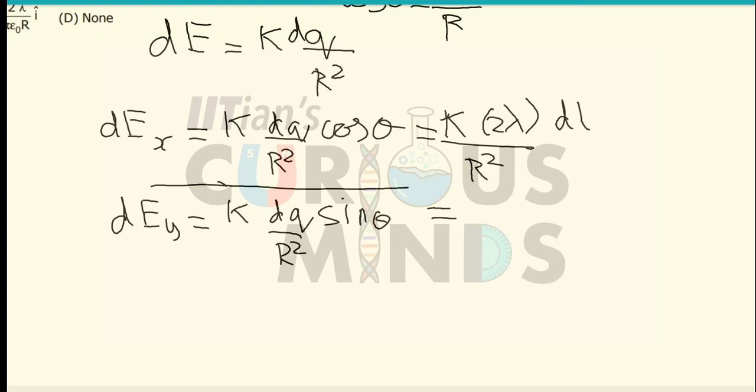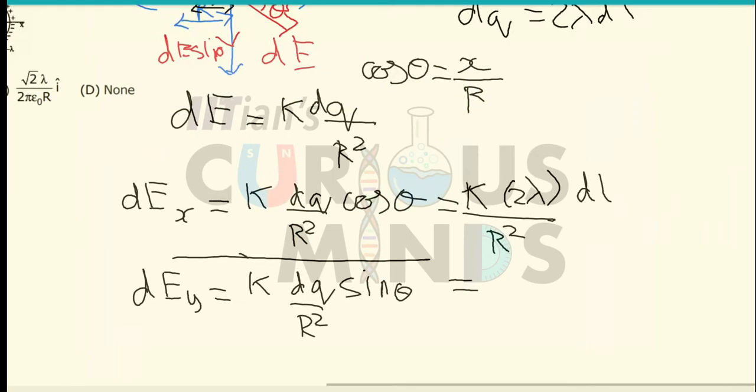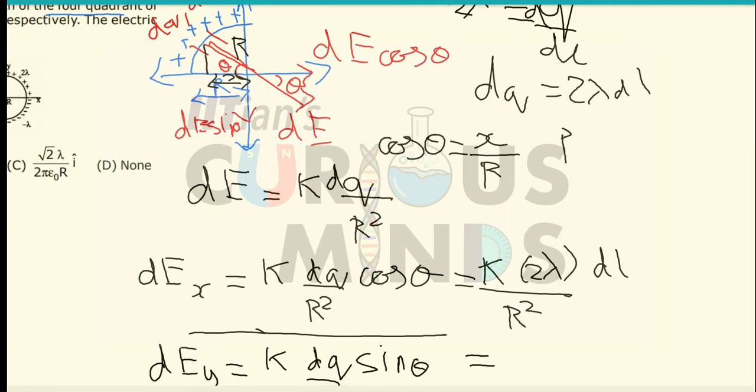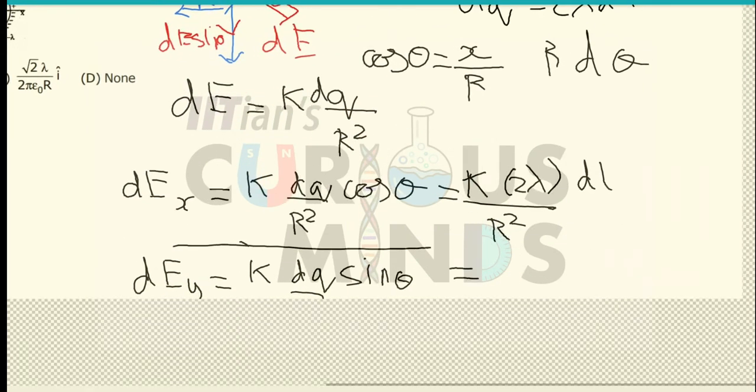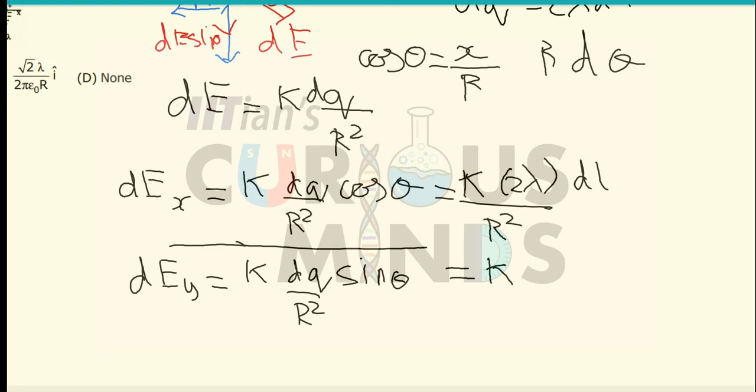Instead of taking the cos component, we can simply substitute dl, the small length, as r d theta. When I substitute dl as r d theta, it will be multiplied by cos theta.